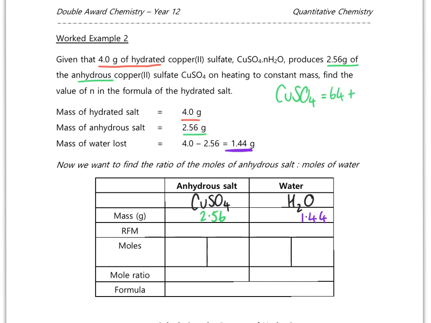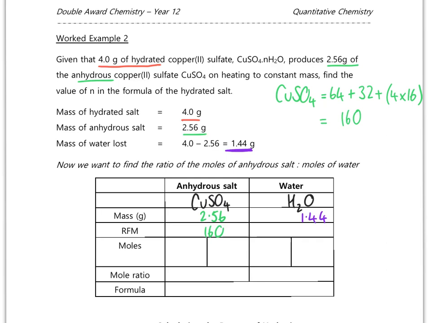What about sulfur? Yep, there's one of them and has a mass of 32. Oxygen then? 16 times 4. Add that all up in your calculator and you should get 160. So that's your Rfm of copper sulfate.